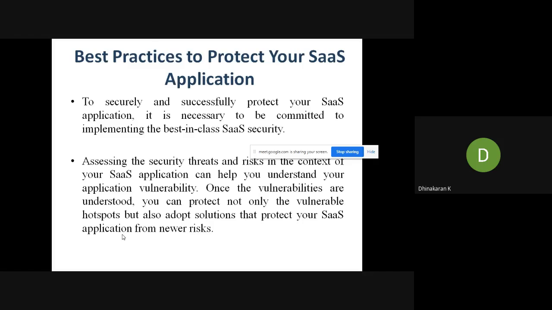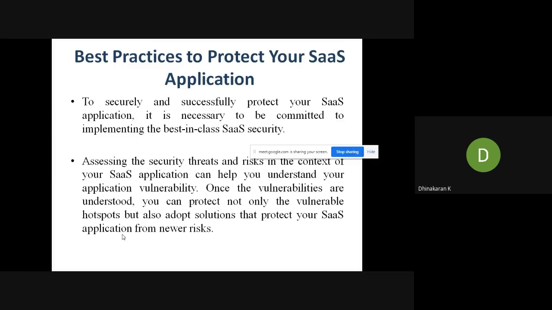Vulnerability means how vulnerable my complete service, my site, and my resources are, and how they will be protected. Based on that, they check the vulnerability. Once the vulnerabilities are understood, you can protect not only the vulnerable areas, but also adopt a solution that protects your SaaS application from the newest risks.